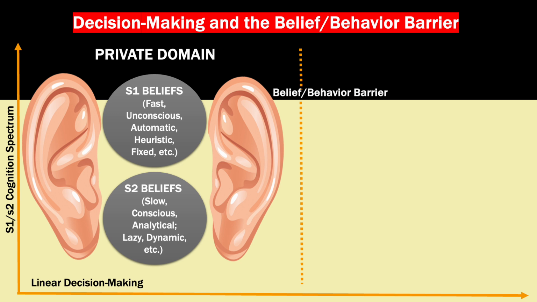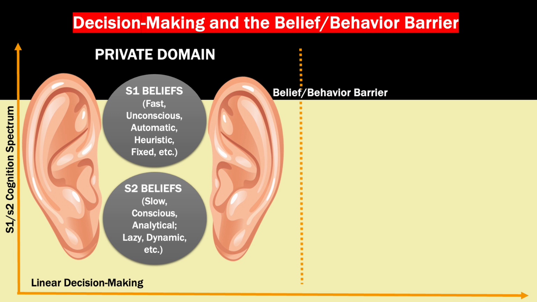Conversely, System 2 beliefs are slow, conscious, analytical, and lazy. Of course, if you read Daniel Kahneman's book, Thinking Fast and Slow, these concepts will be very familiar to you.